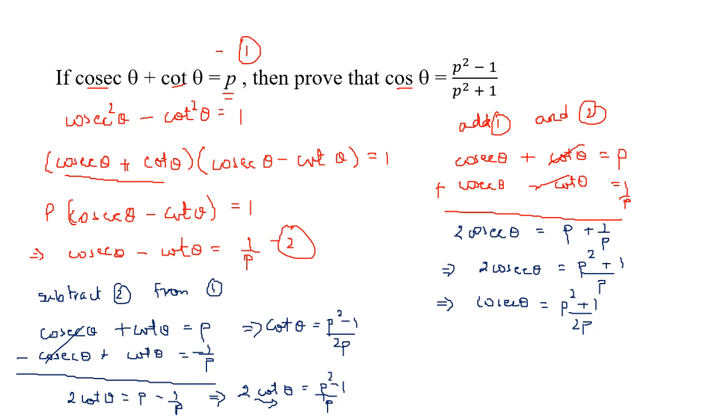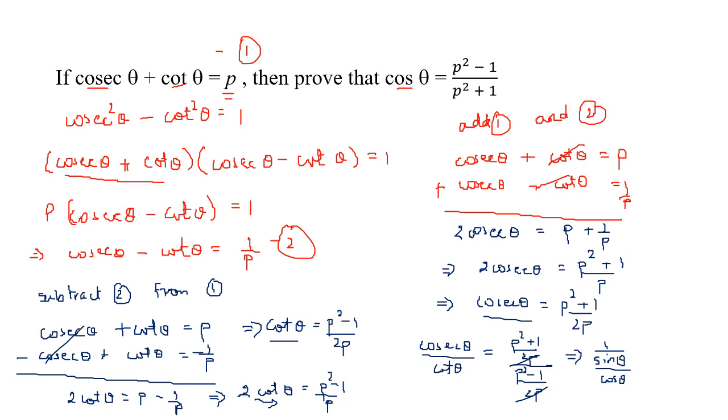So now I have got the value of cosec theta and cot theta. What I'm going to do next is write cosec theta upon cot theta equal to p square plus 1 upon 2p over p square minus 1 upon 2p. Now here the 2p 2p gets cut. But what do we have? Cosec theta is 1 upon sin theta. Cot theta is cos theta upon sin theta.